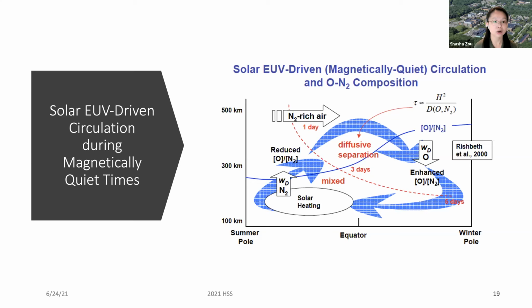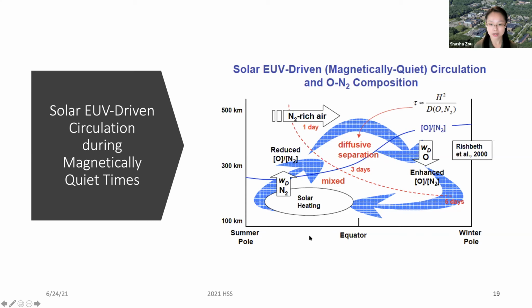It is just a typical boring day. The left part here is the summer hemisphere, and the right part is the winter hemisphere. You can think about the summer hemisphere as during either the December or the June solstice.